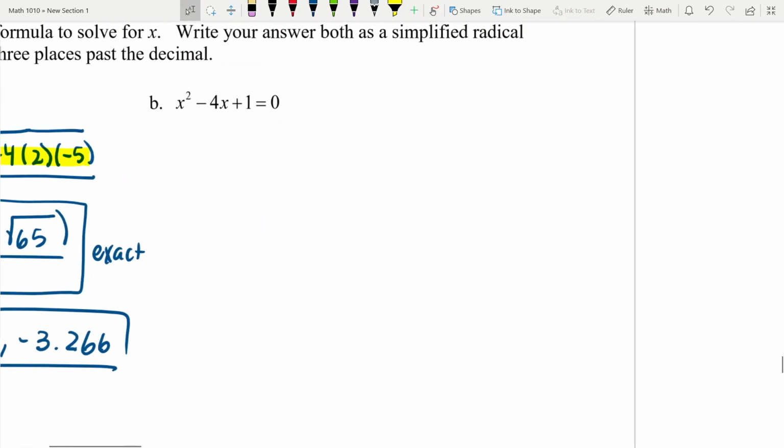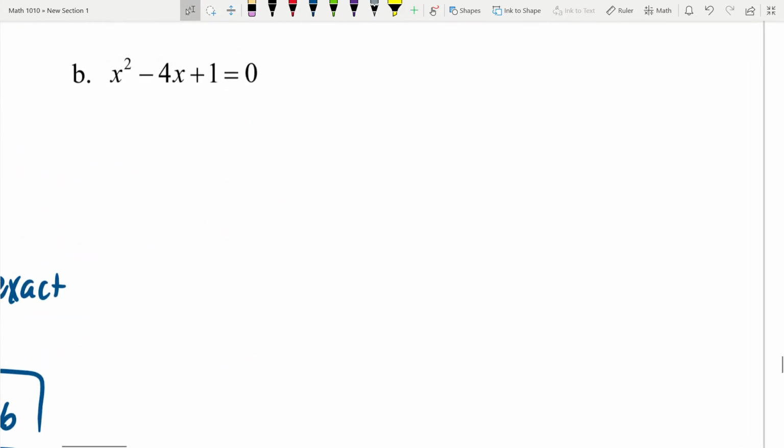Okay? Question B. It won't factor, so I'm going to go x equals -b. B's a -4, so -b would be a +4. Do not write this. You guys, I'm begging you, do not write that down. You will mess up. Okay? Instead of writing that, everybody in the room, tell me what to write down.